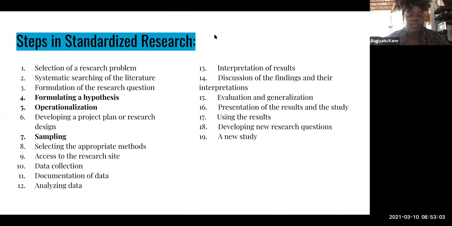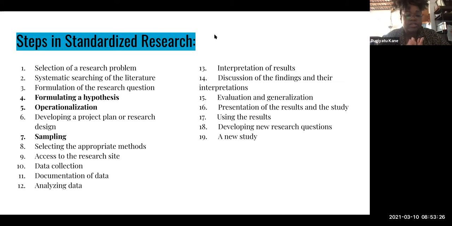So is your sample a true representation of your target population? And there are different elements within sampling that we will look into in classes to come, or that I will have with students who specifically want to do experimental research or more specifically quantitative research.